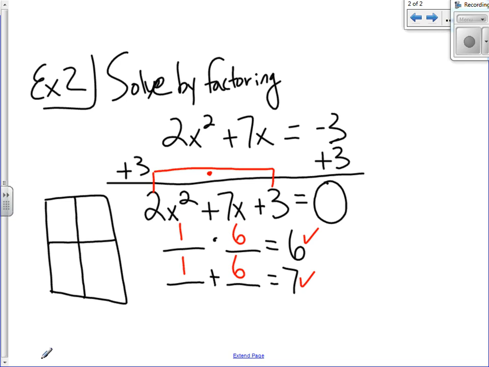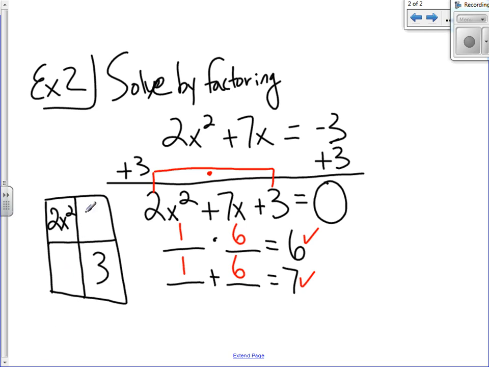Let's start putting in the pieces of our table. First piece, first box, 2x squared. Last piece, last box, 3. We could write plus 3, but I'm going to leave the plus off since 3 implies it's positive. If it were -3, it would probably be a good idea to include the minus.